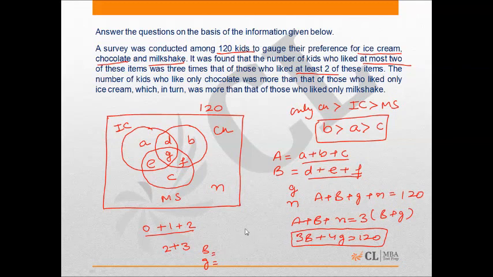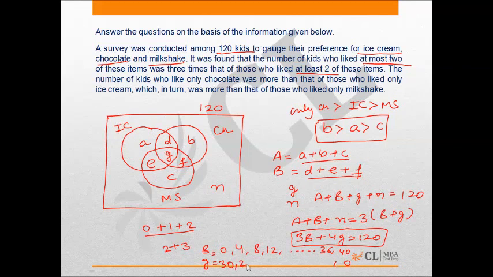The minimum, so start with the minimum value. Let us take B as 0. I will get G as 30. Now the next value which B will take is 4, and next is 8. So this will continue up till 40, because at 40 I will get G as 0, and B and G cannot take negative values, right?